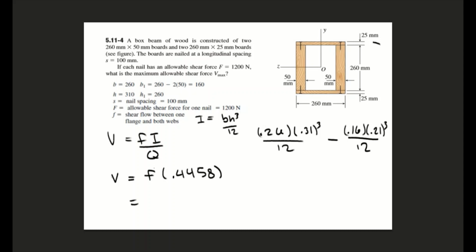That's just solving using all the numbers we've gotten, and then that's just 24 times the 0.146, and that's going to get us our 10.7. That 24 is kilonewtons, so it should be times 10 to the third as well. And that is how you find the shear in this problem.